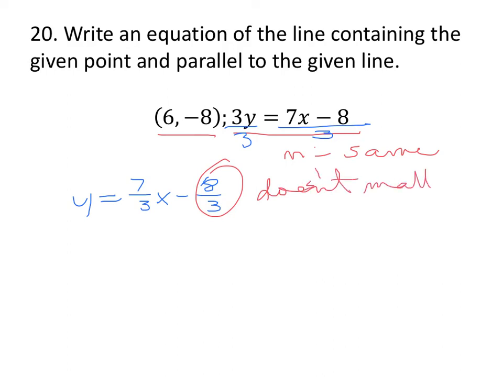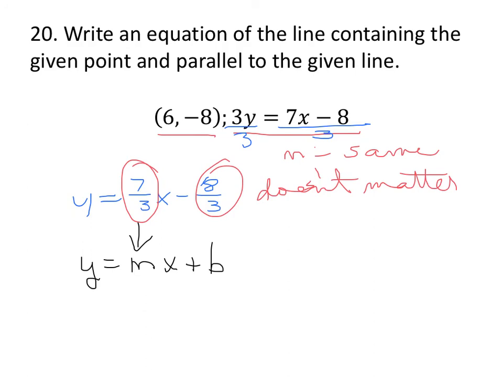What matters is the slope, right here, 7/3. So we're going to come up with a new line, y equals mx plus b, with the slope of 7/3. But we don't know what b is.